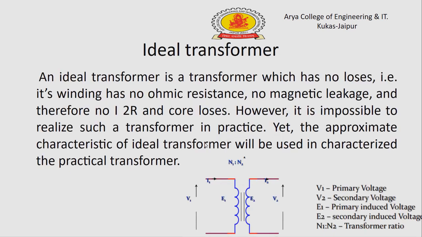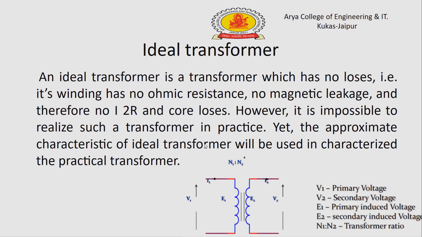Now we discuss the ideal transformer. An ideal transformer is a transformer which has no losses. That is, its winding has no ohmic resistance, no magnetic leakage, and therefore no I square R, that is copper loss, and core losses. However, it is impossible to realize such a transformer in practice.